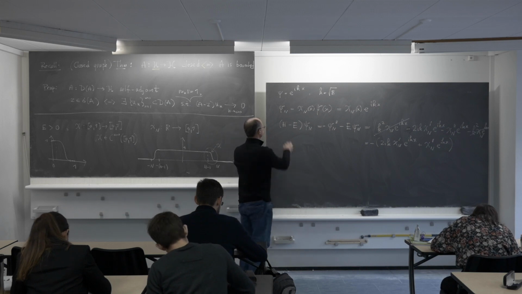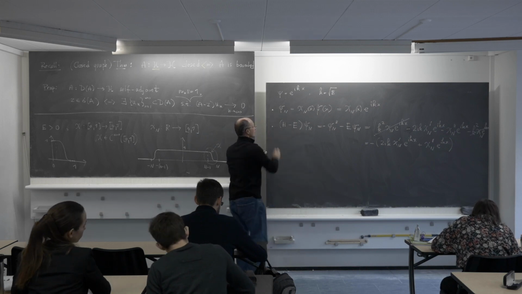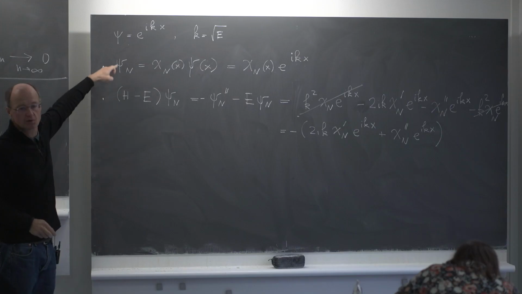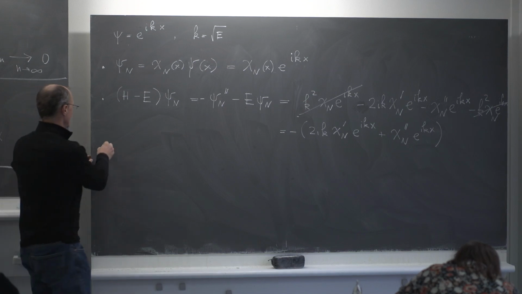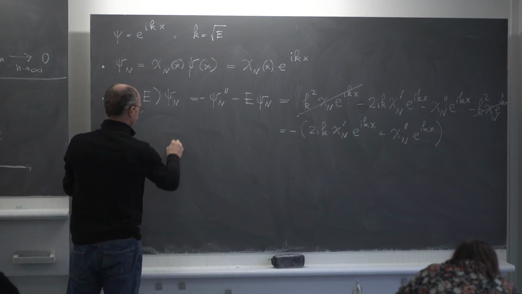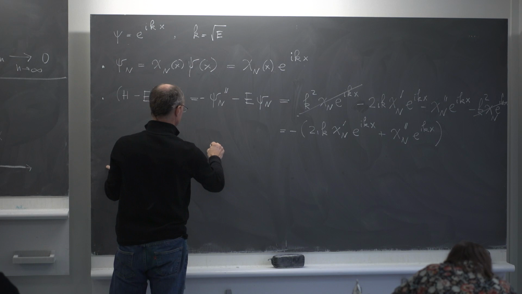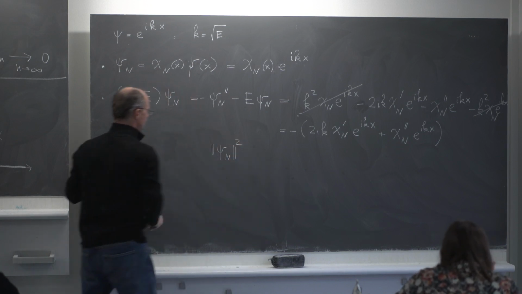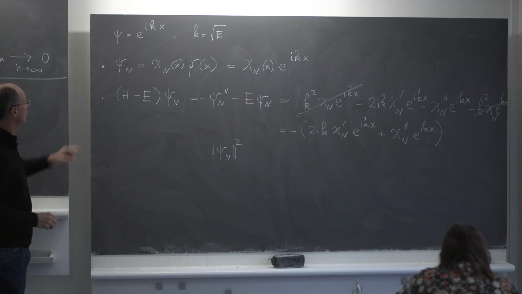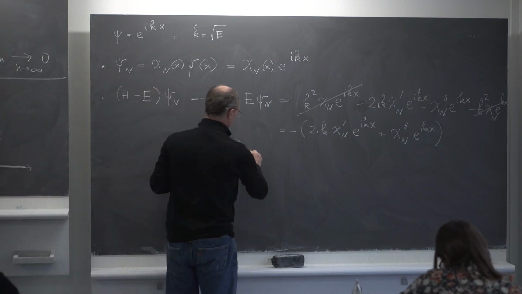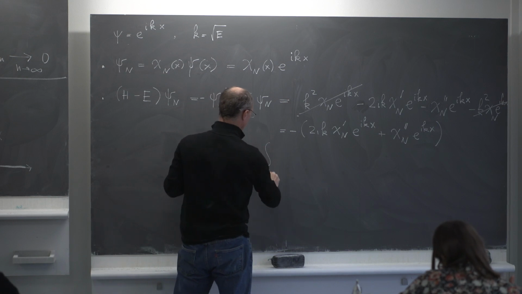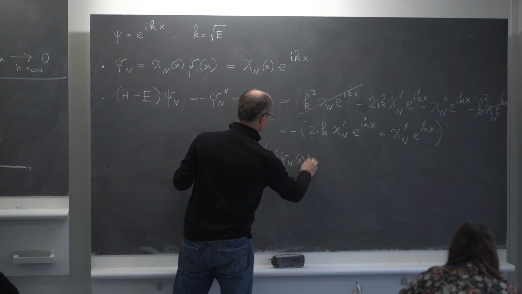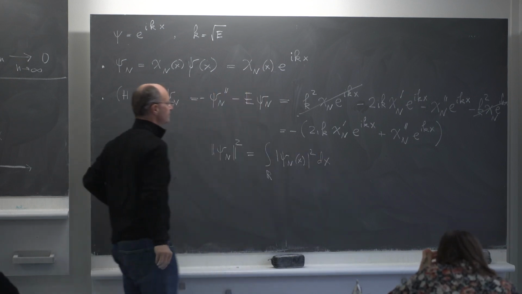All right. So now let's make some estimates on L2 norms of these two things. The L2 norm squared of psi n is equal to the integral over R of psi n of x squared dx.